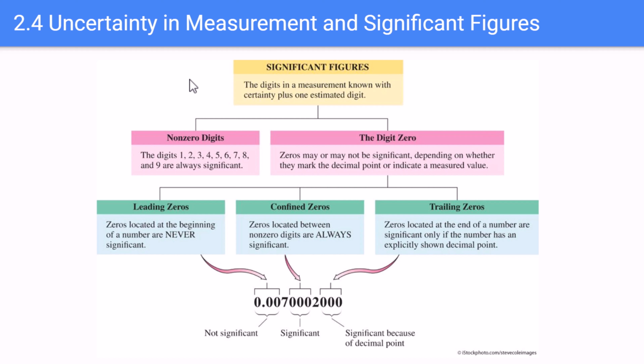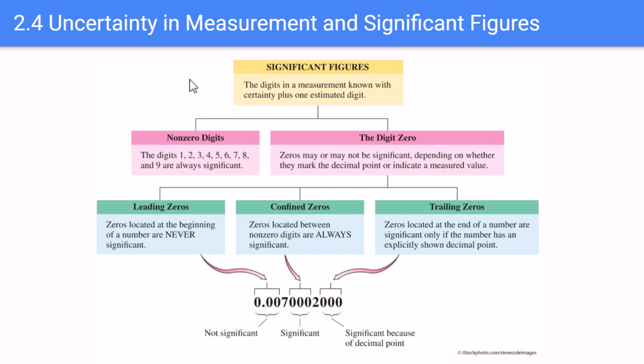So here are some other rules with significant figures. We take a look here. We have a number down here at the bottom, 0.007, 000, 2000. The zeros that are leading the number are not significant. The 7 is, and the 3 zeros that are in between the 7 and 2 are also considered significant. The 3 zeros at the end are also considered significant because there is a decimal point somewhere in the number.